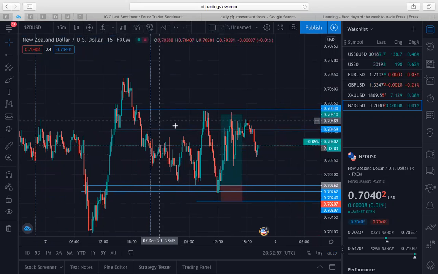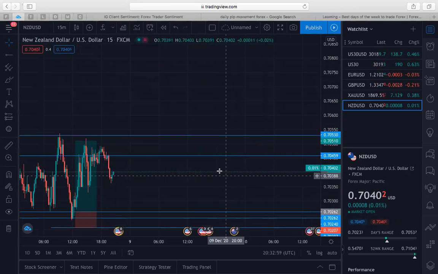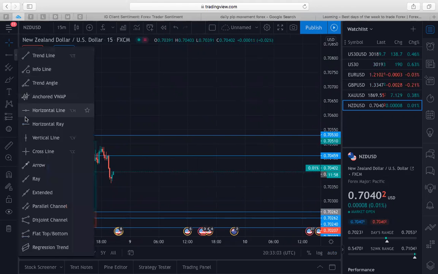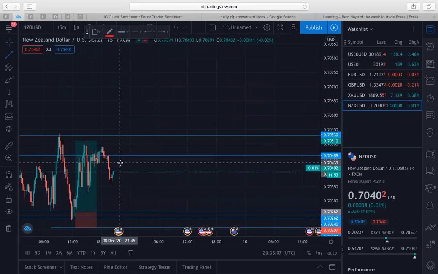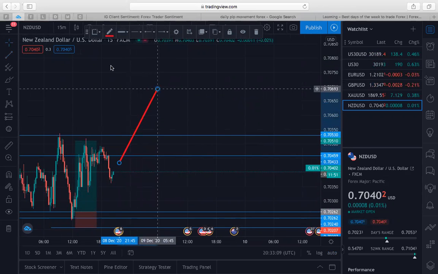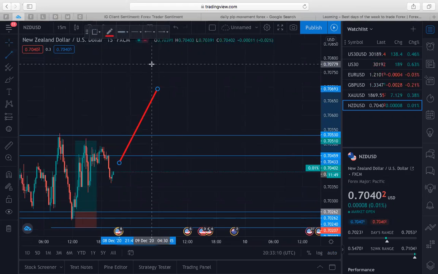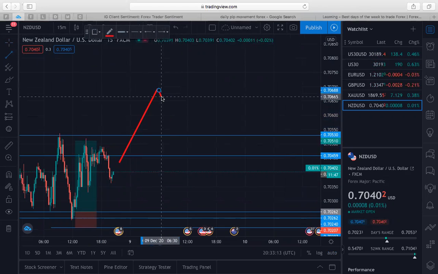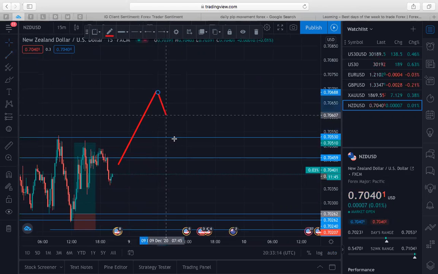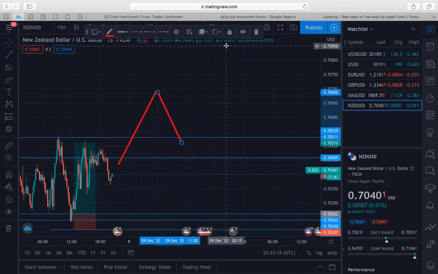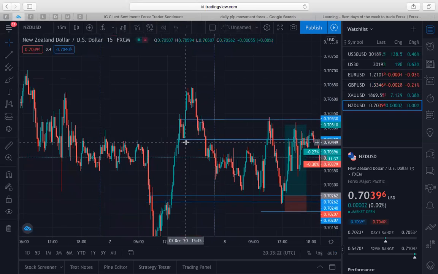So what I expect is maybe the market shoots up, maybe it goes up, takes a little move down back here, and I have another buy.